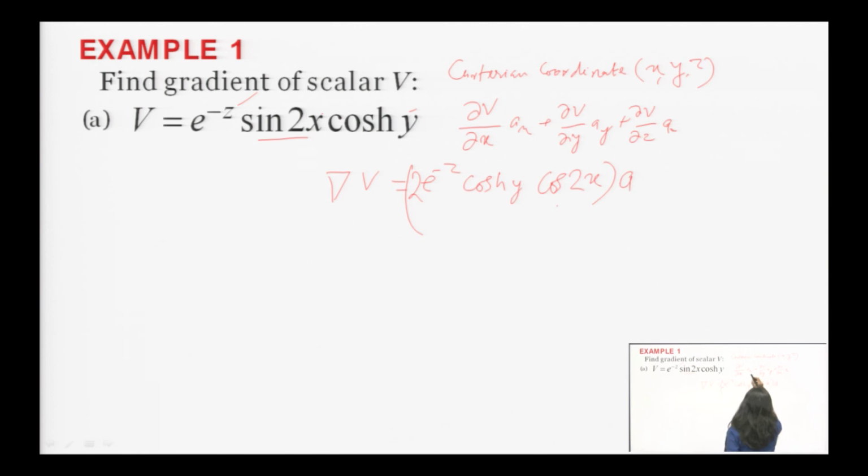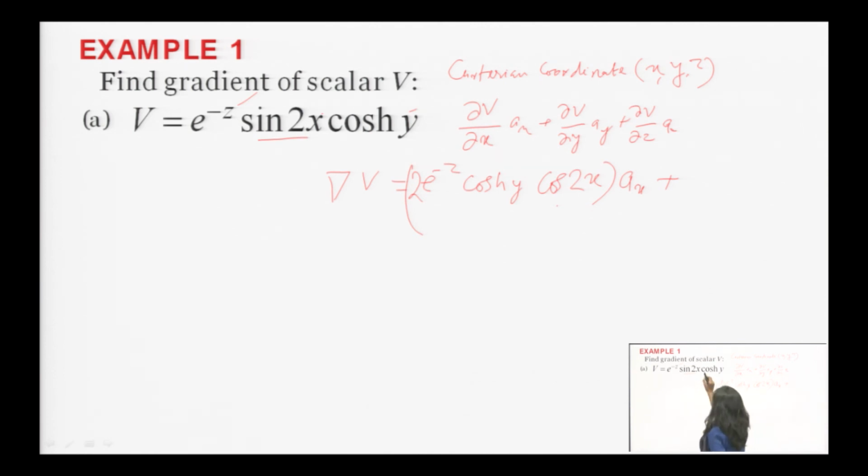The unit vector will be ax, plus, now we need to differentiate the scalar quantity V with respect to y. In this case all the quantities except y will act as constants.